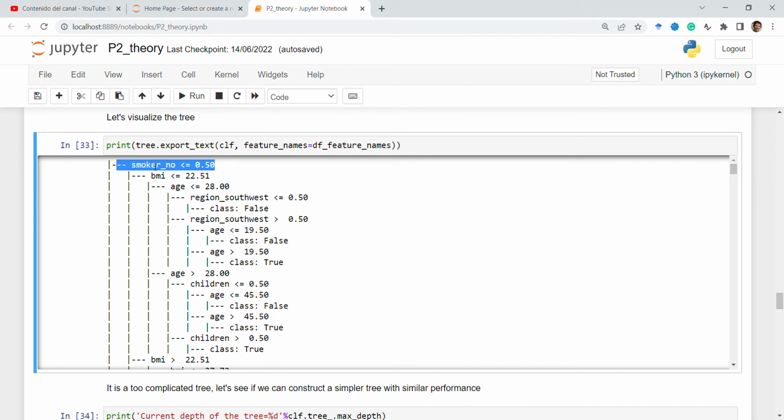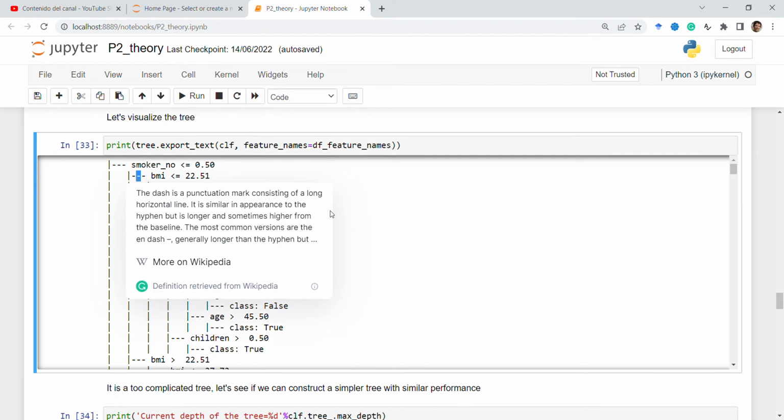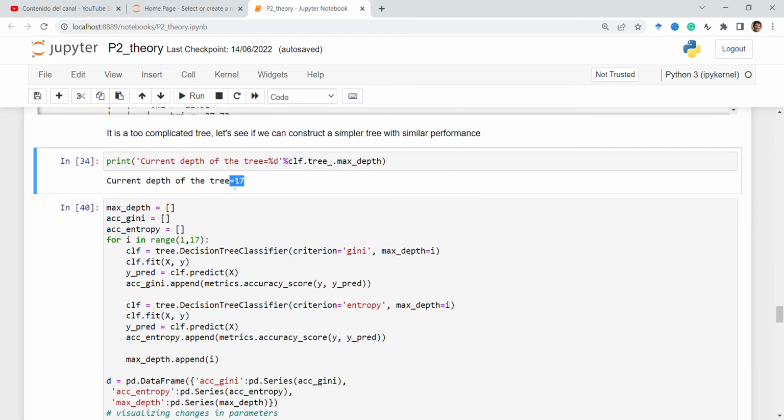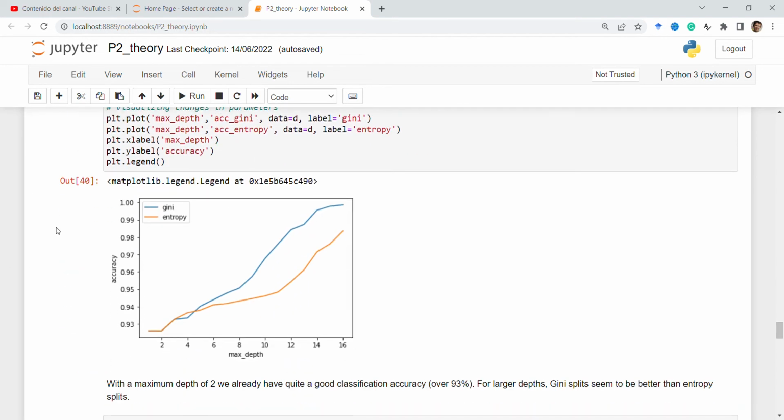So first question is the first level, second question is the second level. So to classify these people, we have made 17 questions. So that is why it classifies so well. It has divided the data into so many small pieces that it is very easy to classify them well.